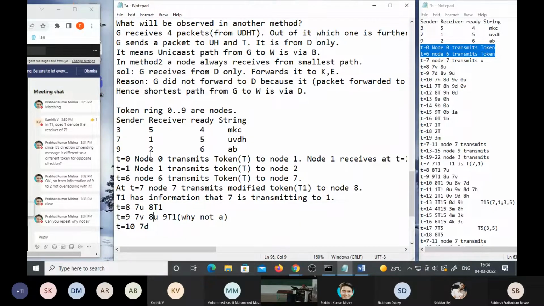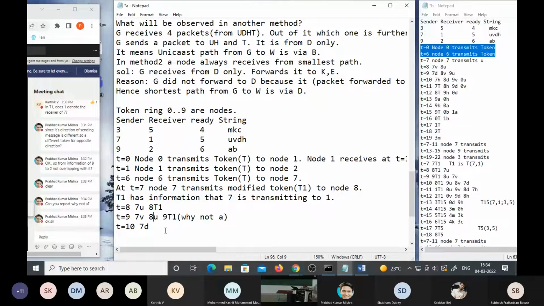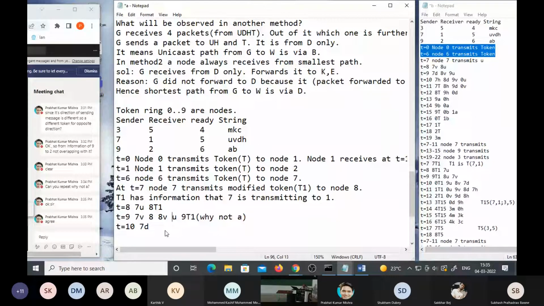Do you agree, Prabhat? Now, 7 will transmit D, 8 will transmit V, 9 will transmit U, and 0 will transmit P1. 9 will send to 0.